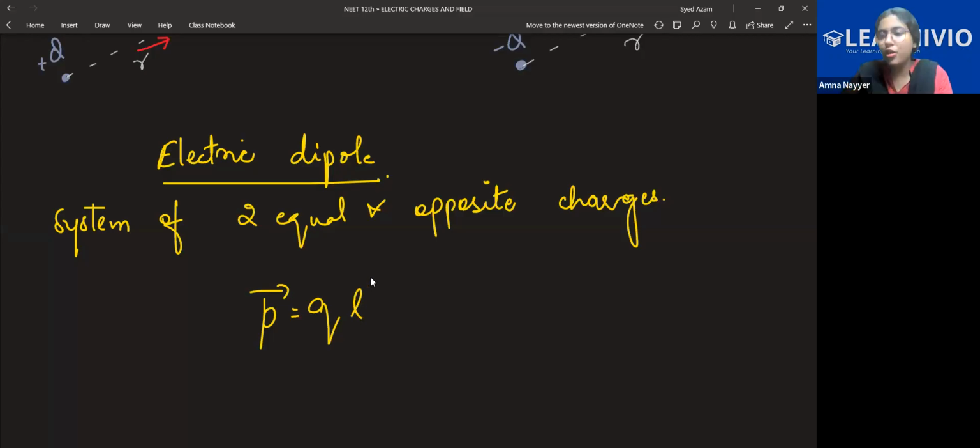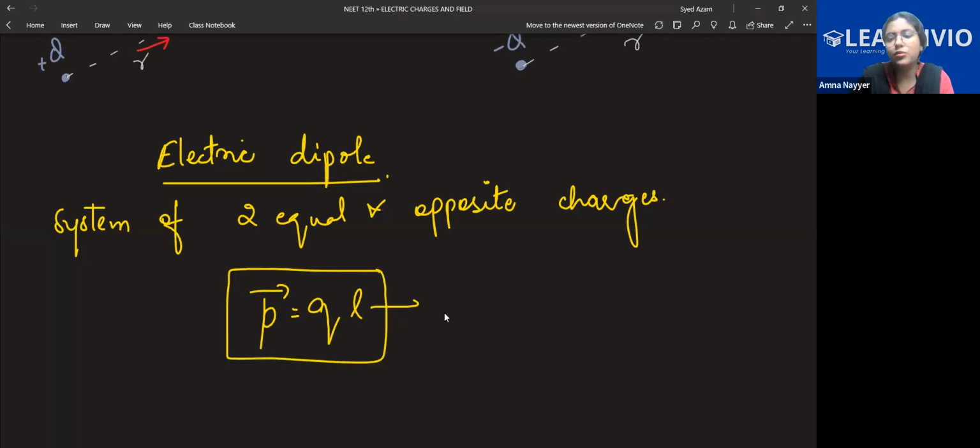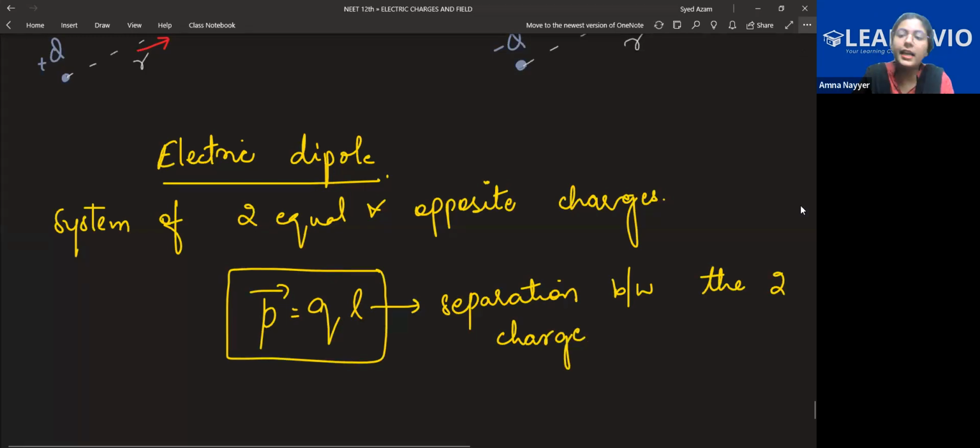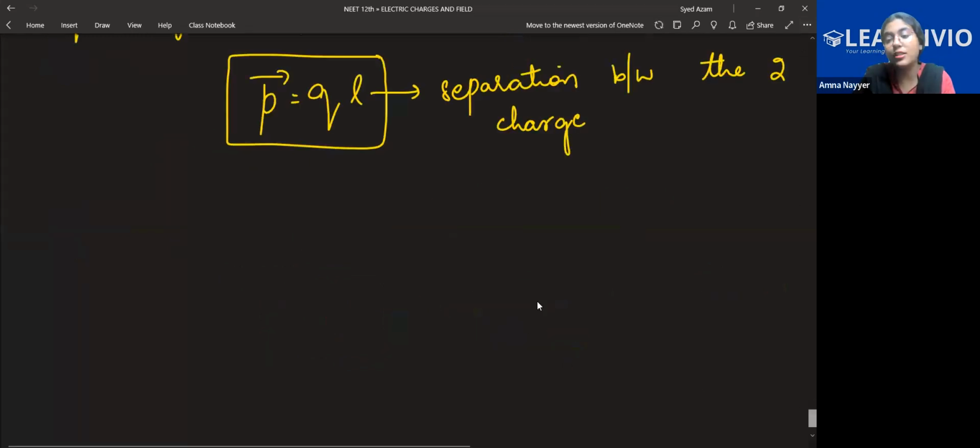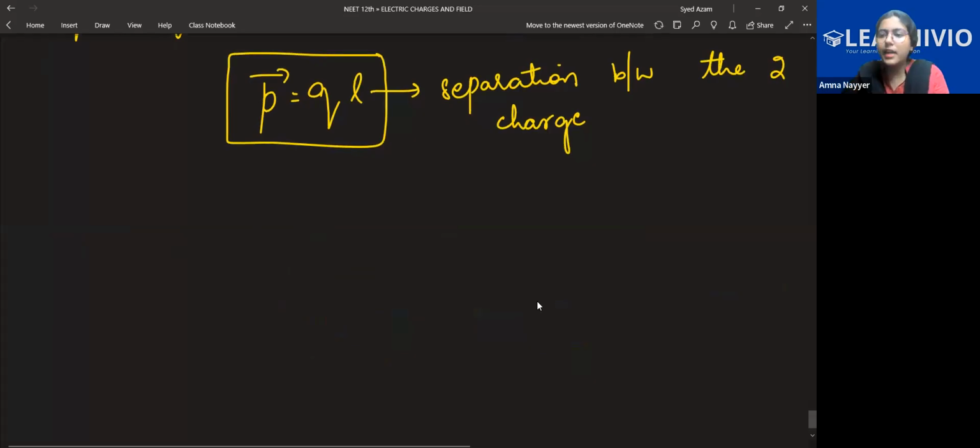You don't have to show your conventional NCERT's 2A. So you can write here L also. L means the separation between the two charges. That is what we write as 2A, because in your board exams you have to write it as 2A because it's given in the NCERT in that manner, and this is how it is included in your syllabus.